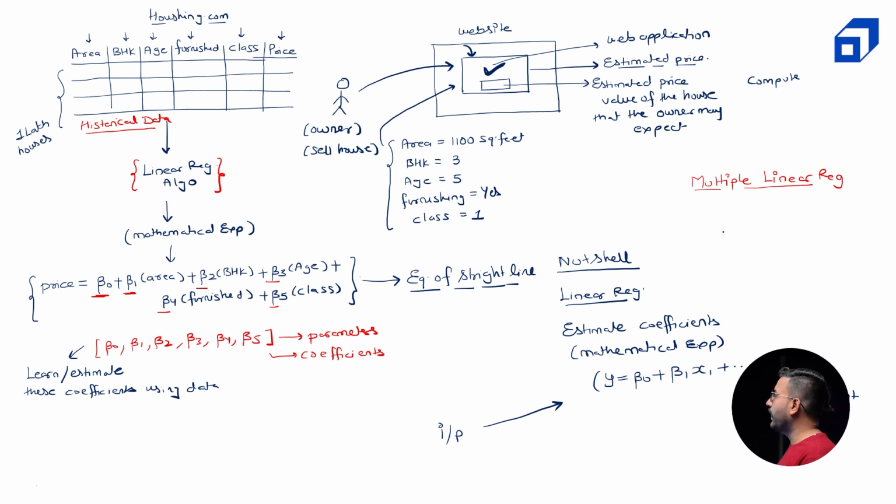So here, my target variable price is dependent on multiple independent features, which is area, BHK, age, furnished, class. Now, since the number of independent variables is more than one, this is known as multiple linear regression.